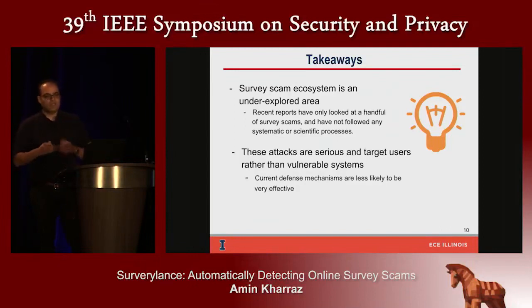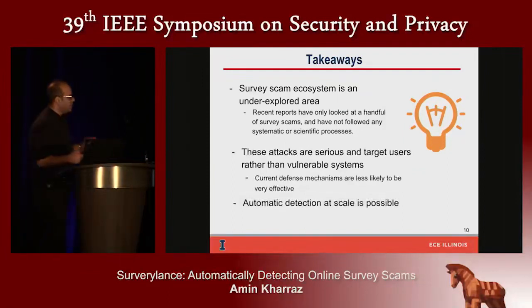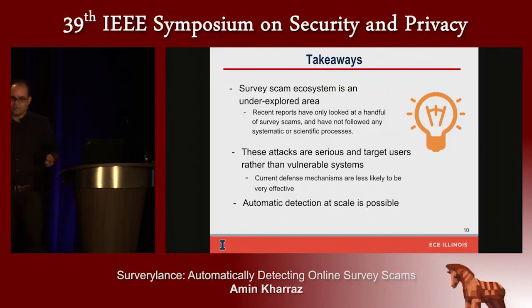So it is less likely that current defense mechanisms will be very effective in protecting users from these attacks. But the good news is that we showed that it is possible to automatically detect and identify a large number of them without significant human intervention at scale.